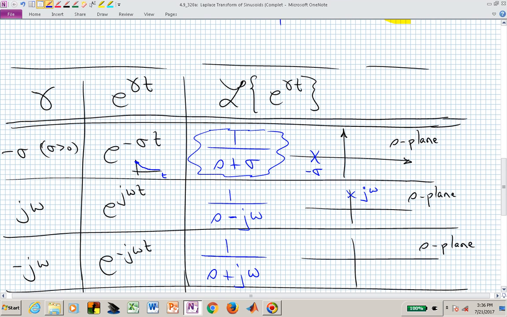If we want to know what's the pole associated with that transform, then we're effectively asking what's the value of s that causes the denominator of that ratioed expression to become 0. What value of s causes the denominator to vanish? Well, that's going to happen when s plus j omega is equal to 0, or when s is equal to minus j omega.